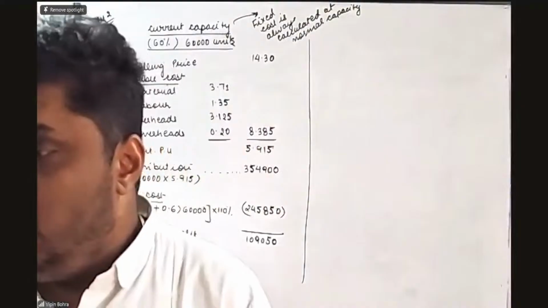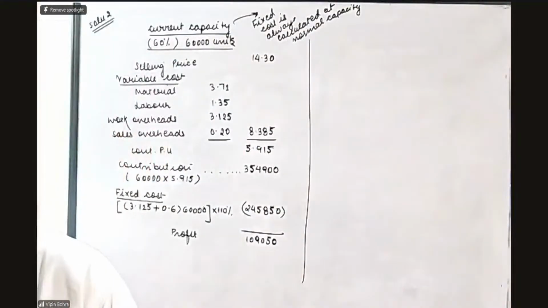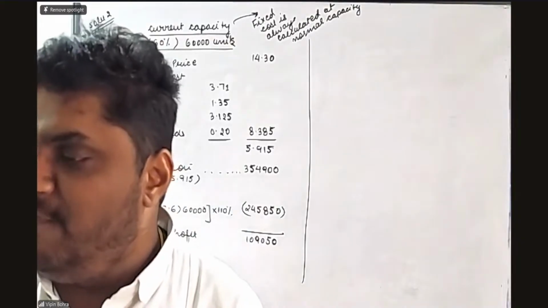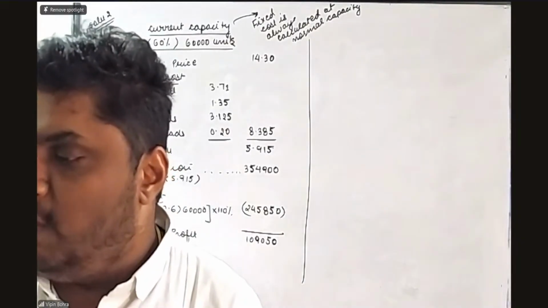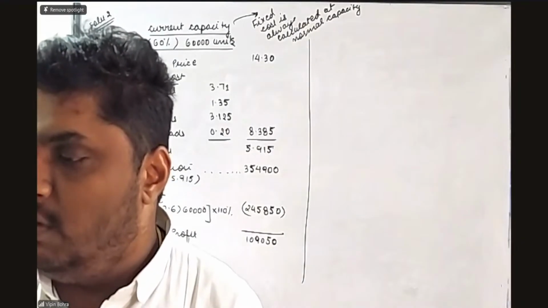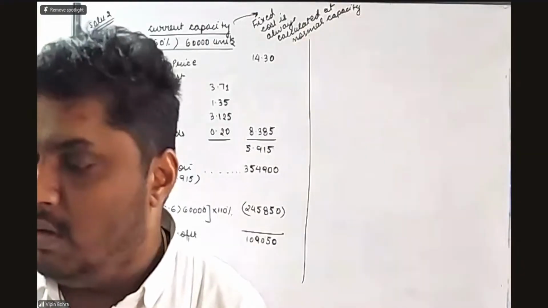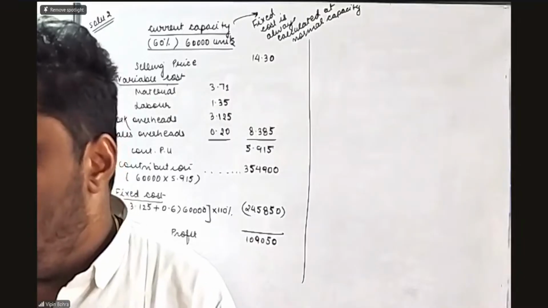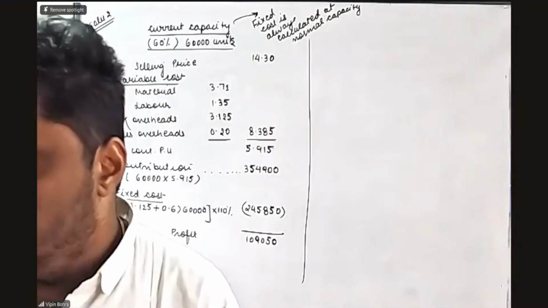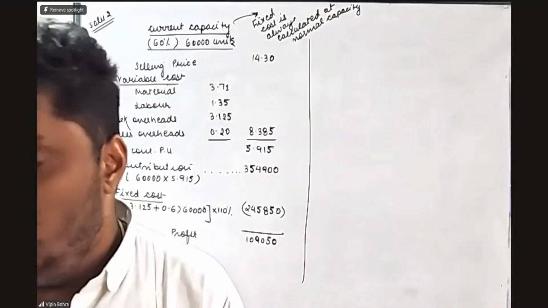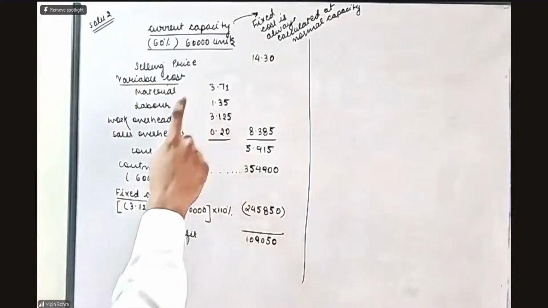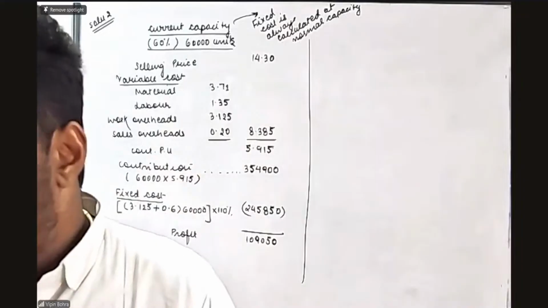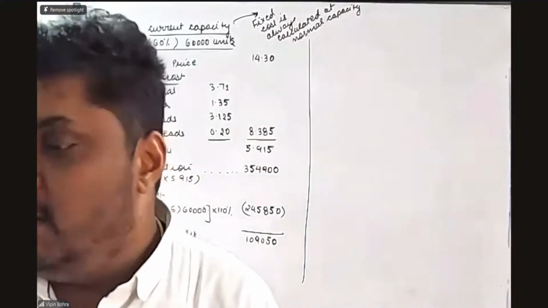Anyone having any doubts till now? You guys can post your queries. From the current capacity, from the current production, I am earning a profit of 1,09,050. Very good, Pooja. 3.71, it is 3.5 plus 6%.